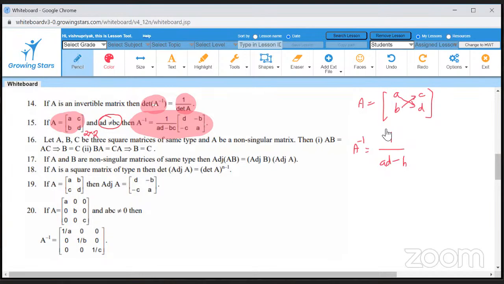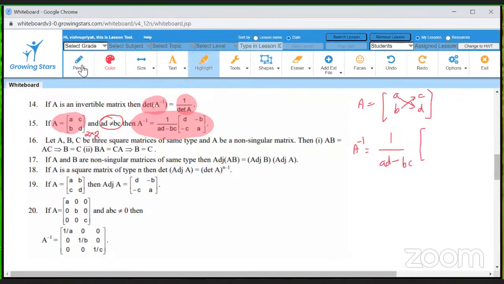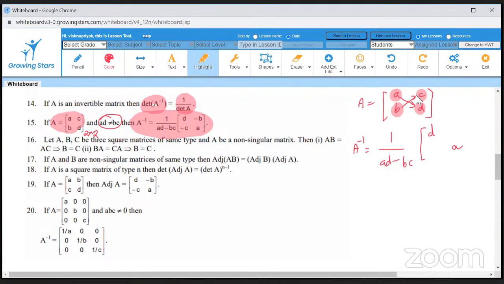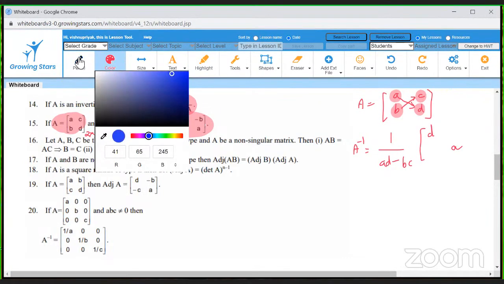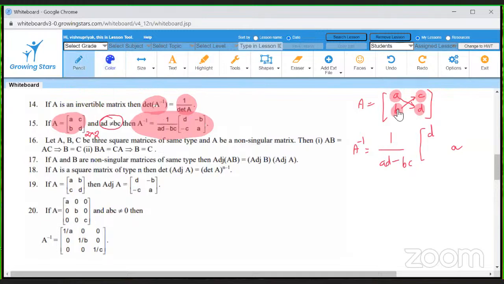Into, now you will write this D and A by exchanging. D and A will exchange. How they will exchange? D will come up, A will go down. Next, you will exchange B and C also. B and C also will exchange.